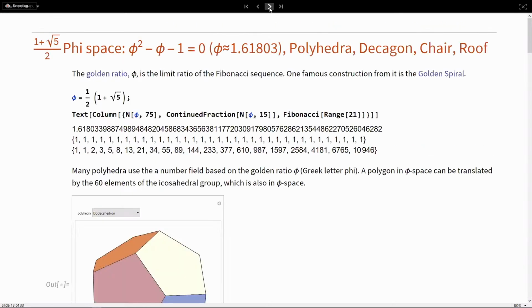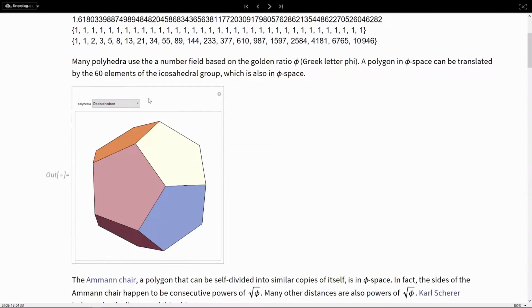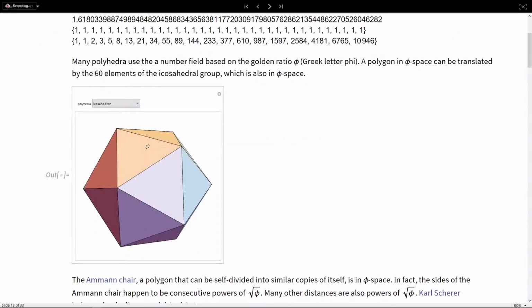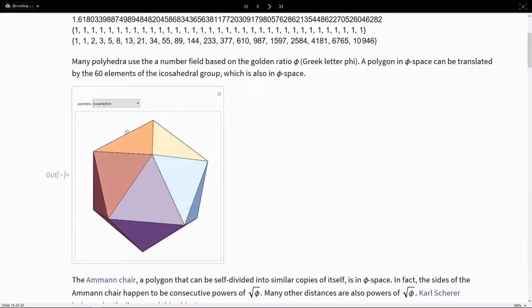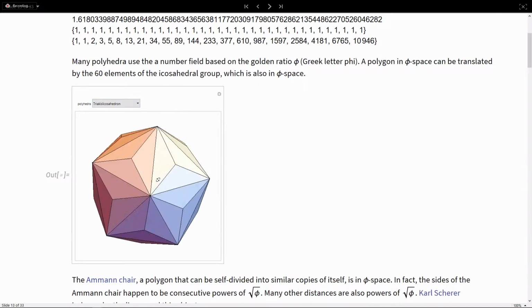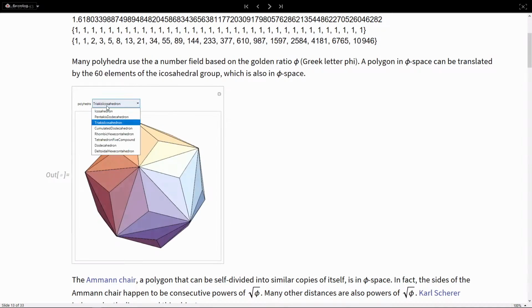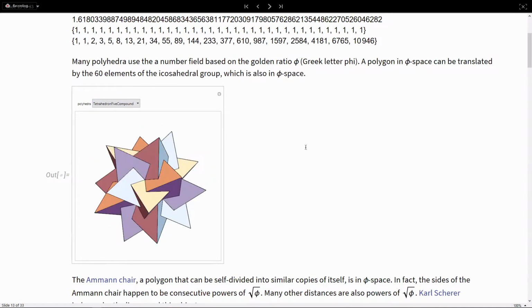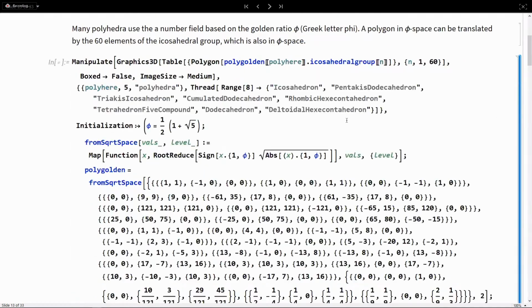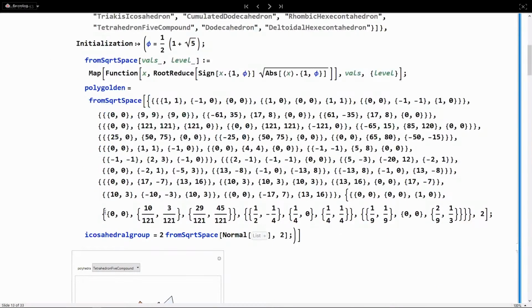Let's see, what's the next one here? 5, pi space, or the golden ratio space. So basically, almost all of the 5 related polyhedra have constructions entirely within the space of the golden ratio. And you can kind of see that here.